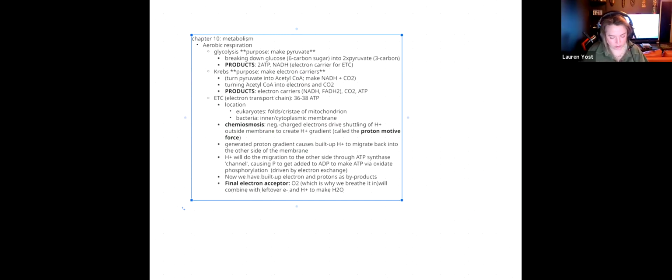So fermentation is only glycolysis, and it'll only make 2 ATP per glucose molecule that's entering in via that route.